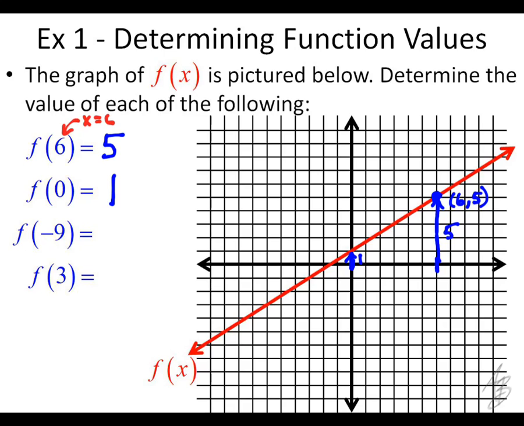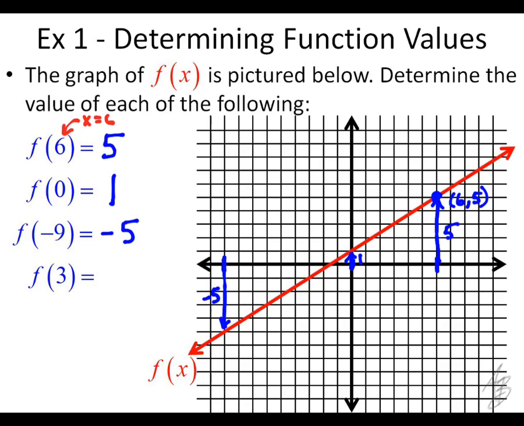All right, how about f of -9? What are we going to do? We're going to find -9 on the x-axis, because x is -9, and then go which way, Lucas? Down. We're going to go down how many? We go down 5. If we're going down, it's not going to be positive, it's going to be negative. So the value of the function at -9 is, what do I write here? -5.